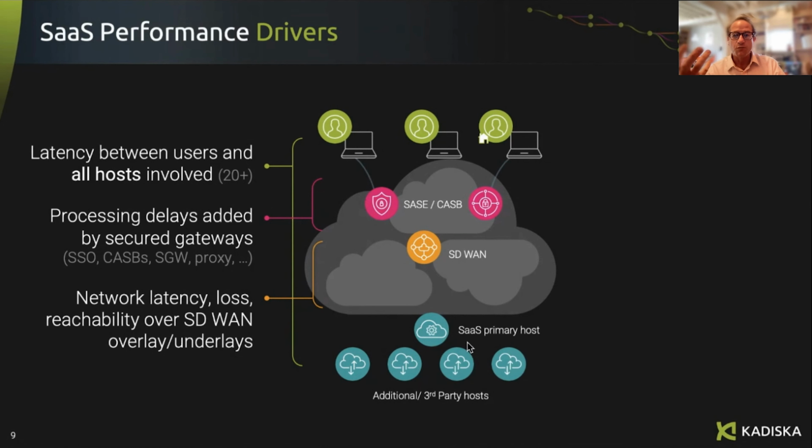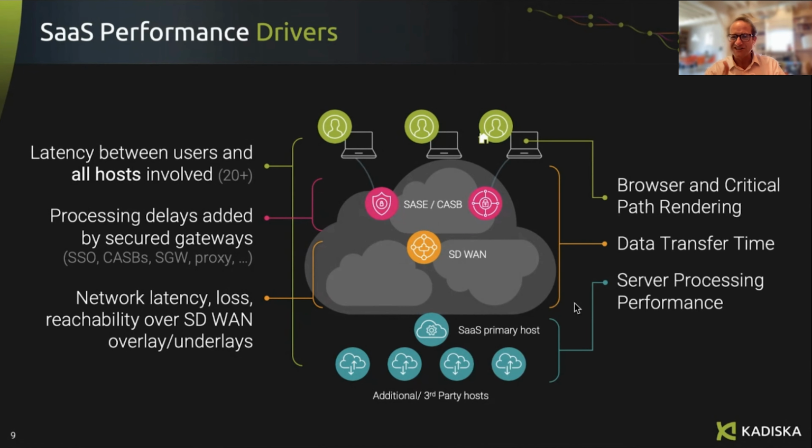And finally, there is more of an application side to what drives the experience. And basically, there are three main components to that. There is how fast the different servers involved in the SaaS application are going to respond. There is how long it takes to transfer the data, based on how big the data is, and how it's compressed or cached correctly or not.